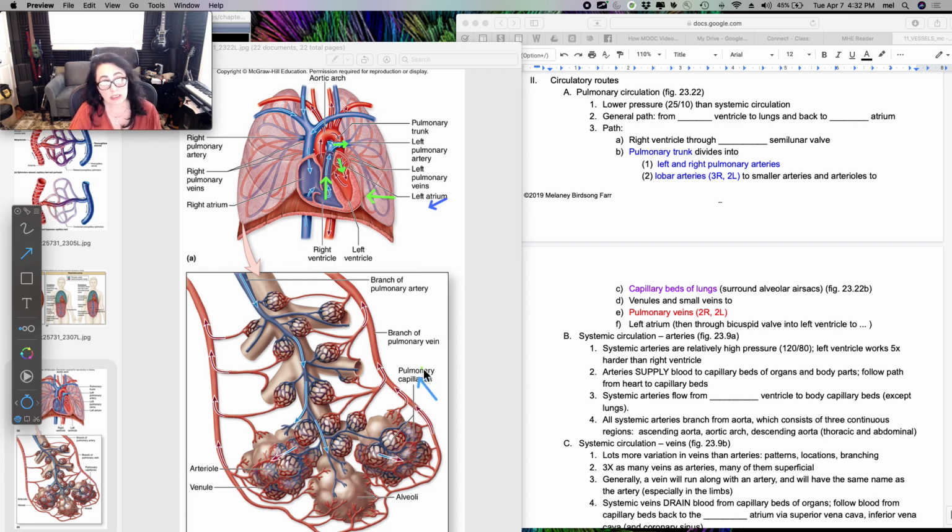Now the capillary beds of the lungs are really weird looking. So let's figure out what's going on with those.